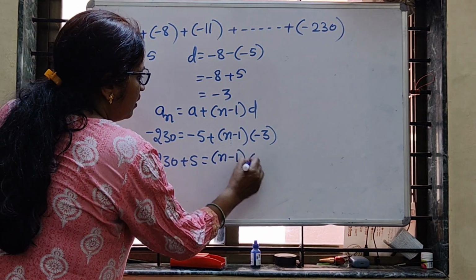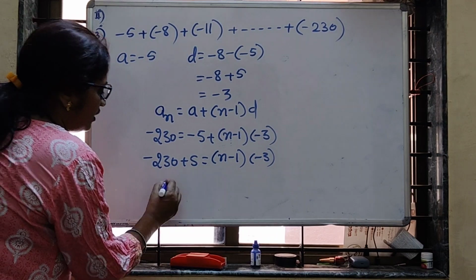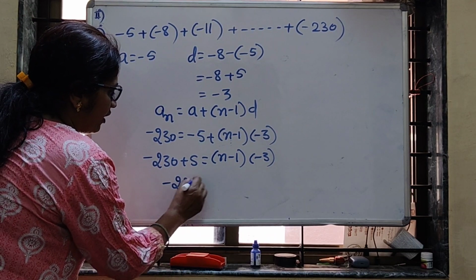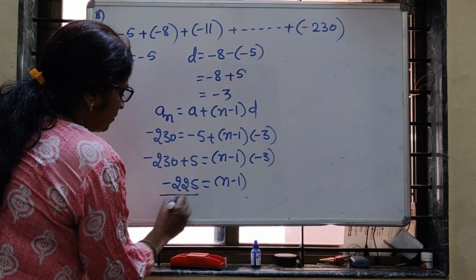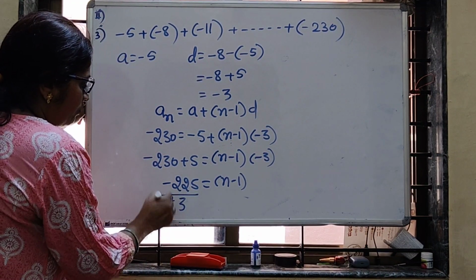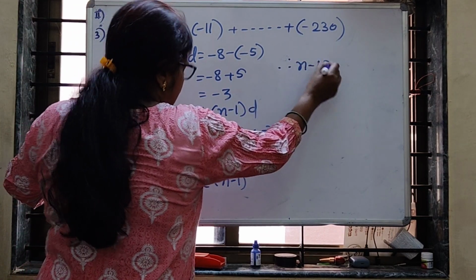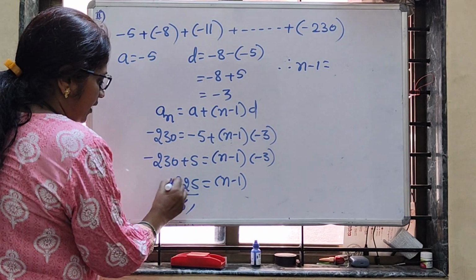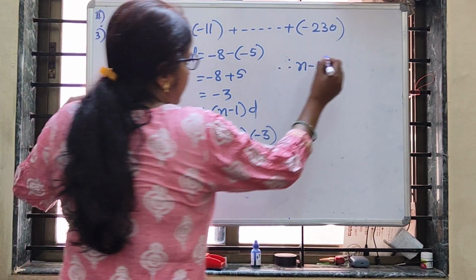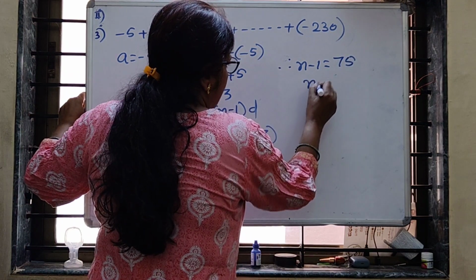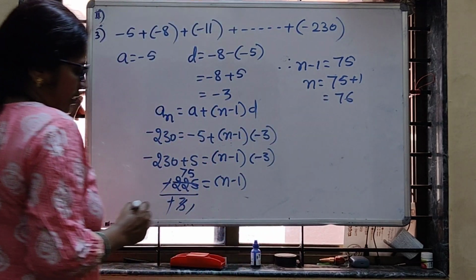So minus 230 plus 5 is minus 225 is equal to n minus 1 into minus 3. This minus 3 becomes divided by. Both minus signs get cancelled. Therefore n minus 1 is equal to 225 by 3: 3 sevens are 21, 3 fives are 15. It is 75. So n is equal to 75 plus 1, 76.